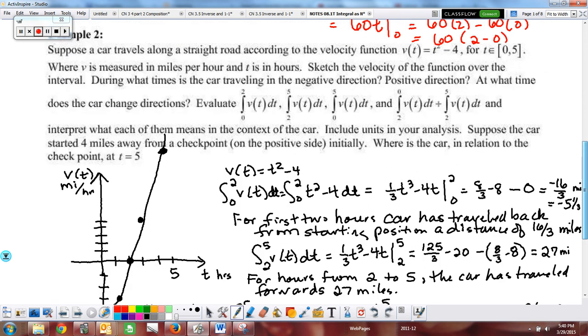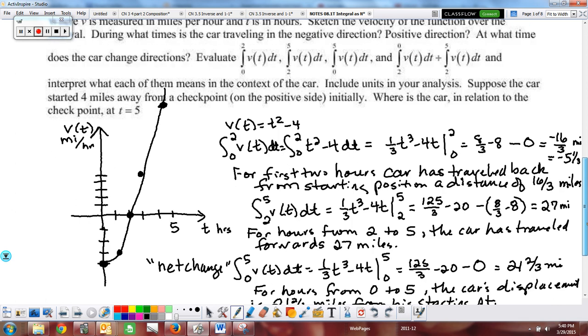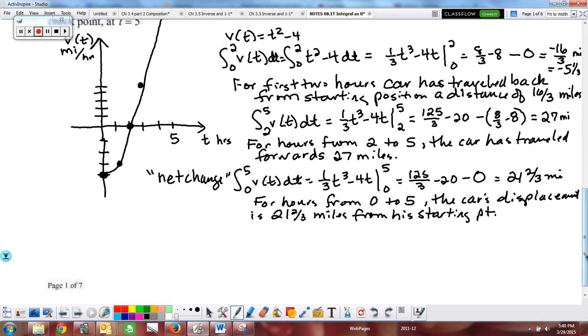All right. And then the last thing they have us going from 2 to 0. So now I'm going 2 to 0, v of t dt, plus 2 to 5, v of t dt. Now let's think about what we're doing here. I don't need to do any more calculations. If I'm going 2 to 0, how is that related to 0 to 2?